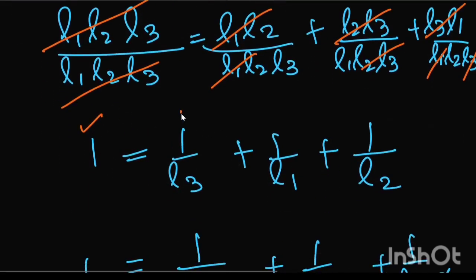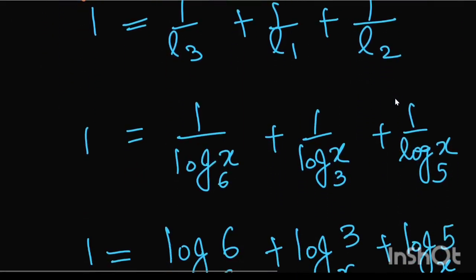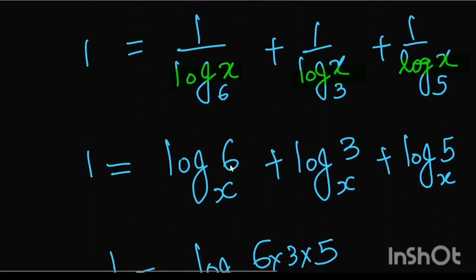Here we are left with 1 by L1 L2 L3, which we resubstitute as log x base 6, base 3, base 5. So using 1 by log m base n gives log n base m. So 6 and x are interchanged, 3 and x are interchanged, to 3 base x and 5 base x respectively.